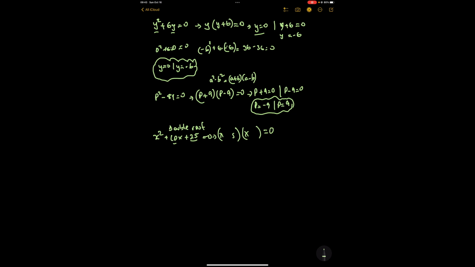It will be 5. So that means x plus 5 times x plus 5 equal to 0. Because that's the case, that's a double root, because we're going to have x plus 5 equal to 0 or x plus 5 equal to 0.